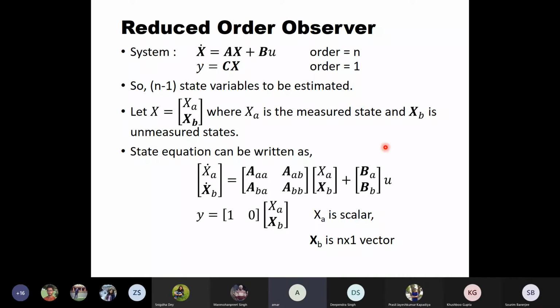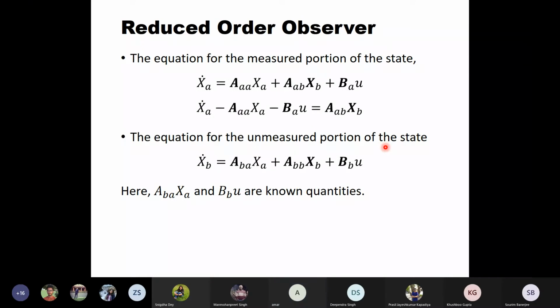Now, once I decompose the state equations in terms of measured and unmeasured state variables, I can write xa dot equals Aaa xa plus Aab xb plus Ba u, which I can further write as xa dot minus Aaa xa minus Ba u equals Aab xb.